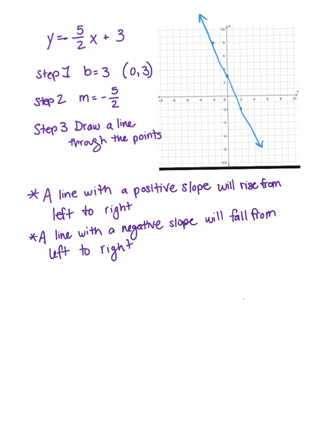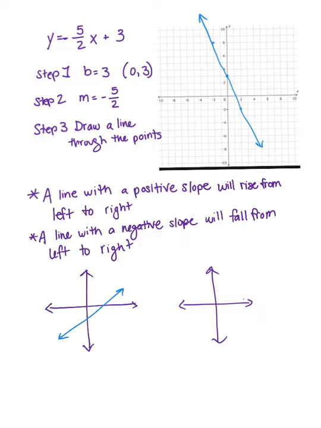Okay, so let's say I have two graphs. I have this graph and I have this graph, and they're perfectly straight and proportional. Not really, we're just taking notes. No need for perfection right now. So if I have a line that goes like this, is that negative or positive? Well, is it rising or is it falling?